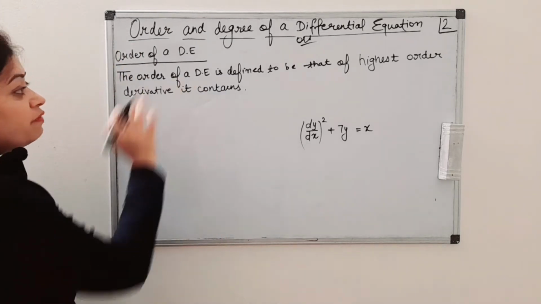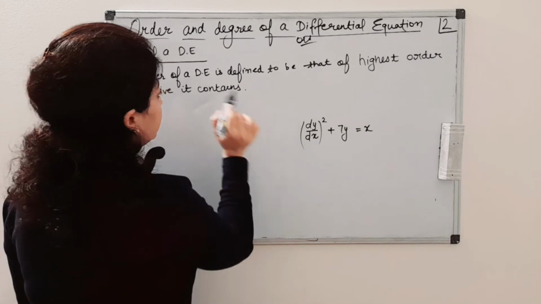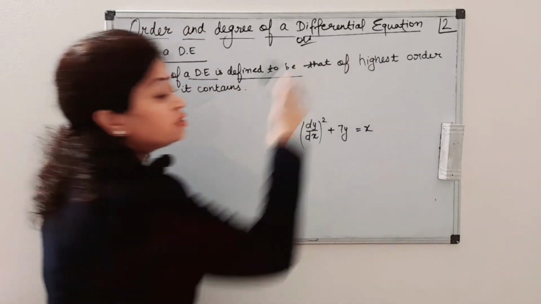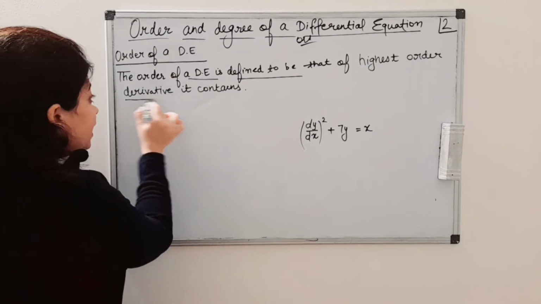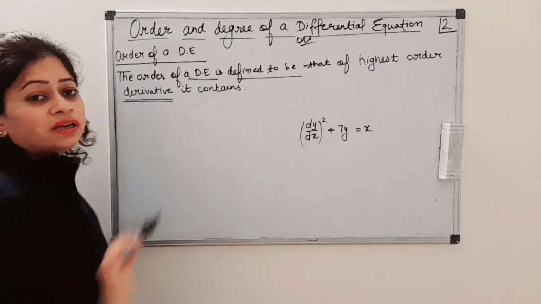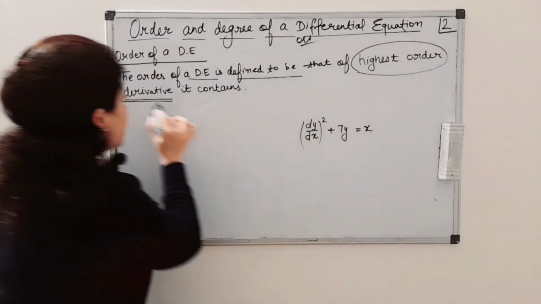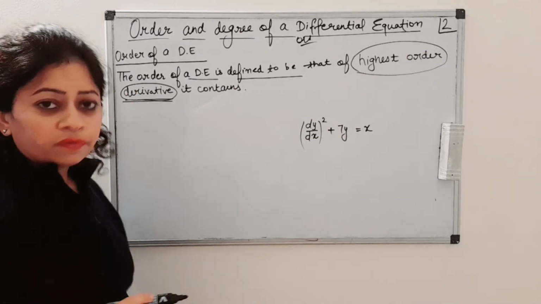The order of a differential equation is defined to be that of the highest order derivative it contains. That means we need to see the highest order derivative.